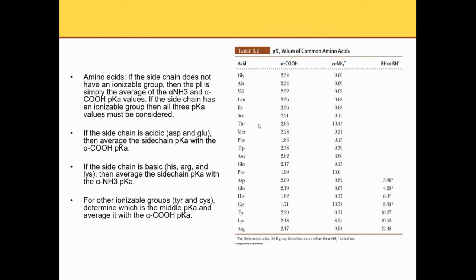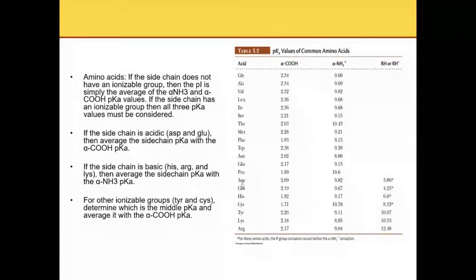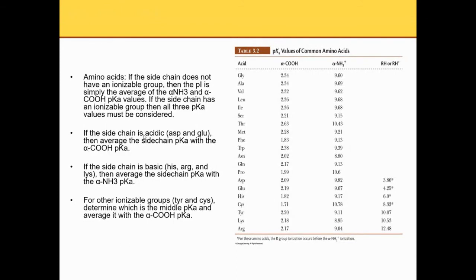Now for those with the ionizable side chain. First of all, these two, ASP and GLU, glutamic acid, the side chain is acidic. You average the side chain pK with the carboxyl pKa.